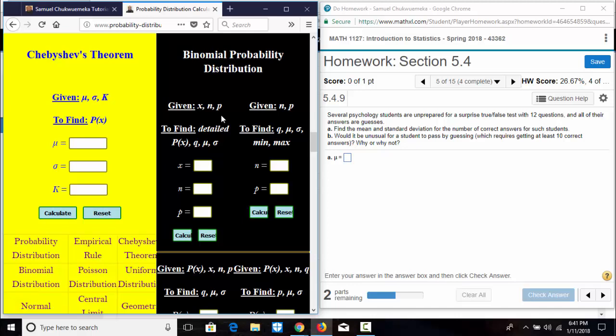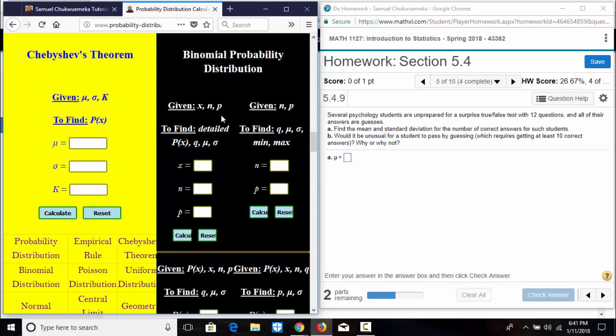A. Find the mean and standard deviation for the number of correct answers for such students. B. Would it be unusual for a student to pass by guessing, which requires getting at least 10 correct answers?